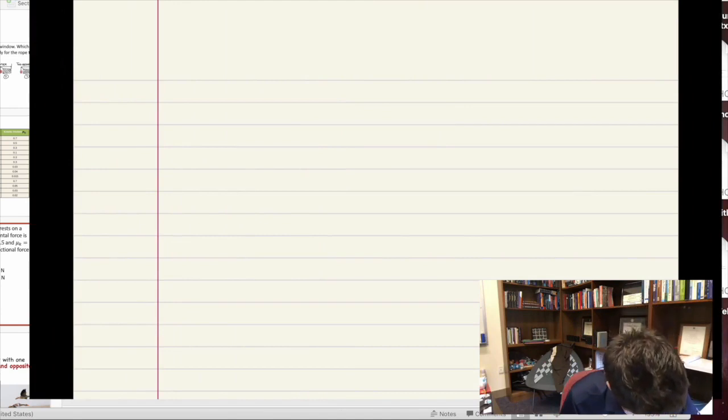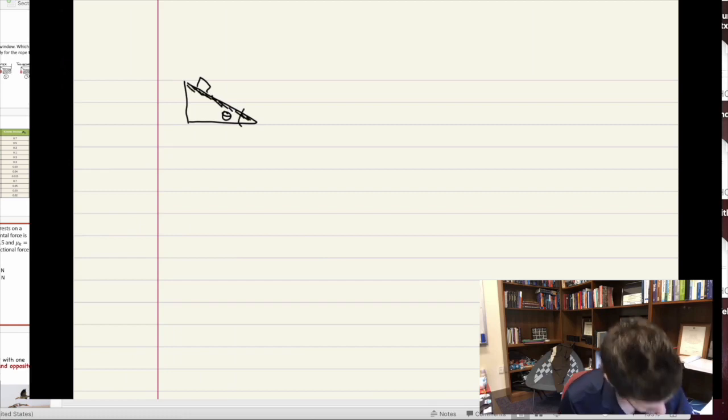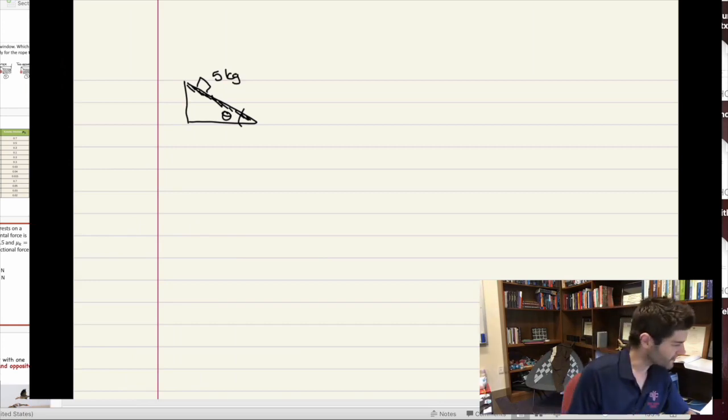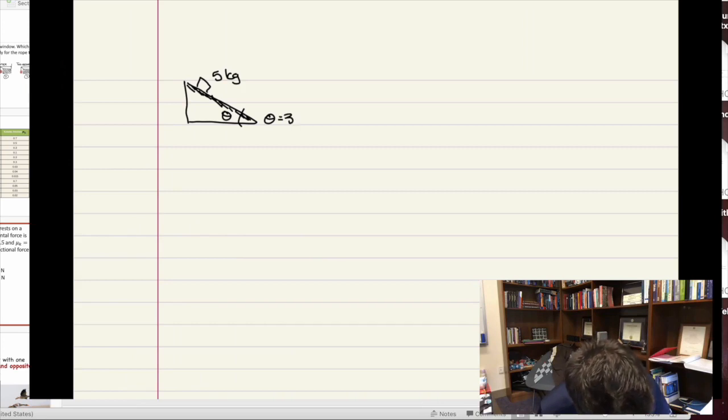For example, suppose we have a box which is 5 kilograms in mass. My angle is, of course, 30 degrees.